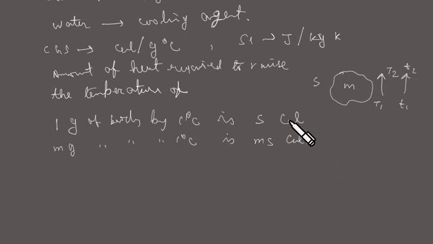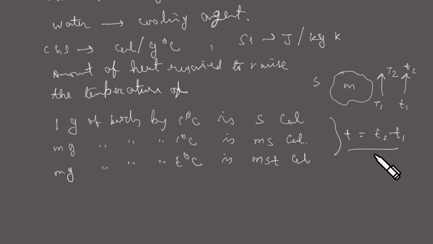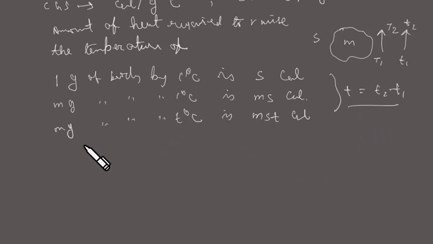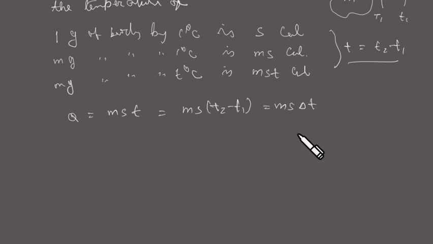So for m gram of the same body by T degrees Celsius, it is m S T calorie, where T equals T2 minus T1, the difference in temperature. That means if the heat required is Q, then Q equals m S T, which we can write as m S (T2 minus T1), or m S delta T calorie.